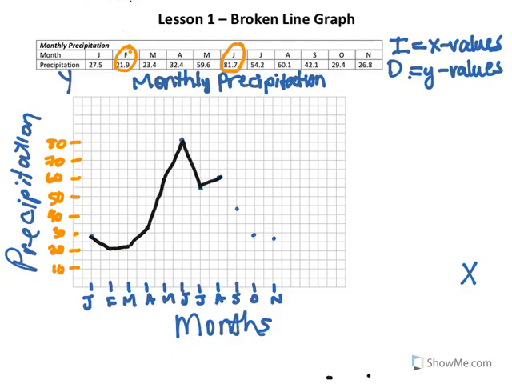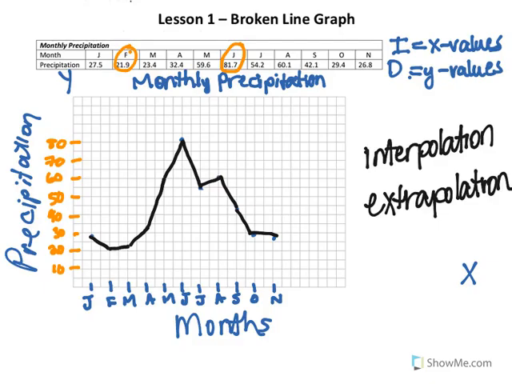Something else you might need to know when you start working on the lesson assignment for this unit is two words: interpolation and extrapolation. Interpolation means you're taking an estimate based on the graph you have, so it would be inside the graph.